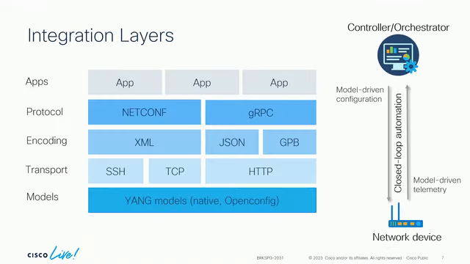From a technology perspective, I want to define two major pillars: NETCONF and gRPC. When we talk about NETCONF, we are leveraging XML as the encoding. XML is a bit verbose, so it takes a lot of effort to process those messages, because XML files are typically big in form, but that's completely fine.